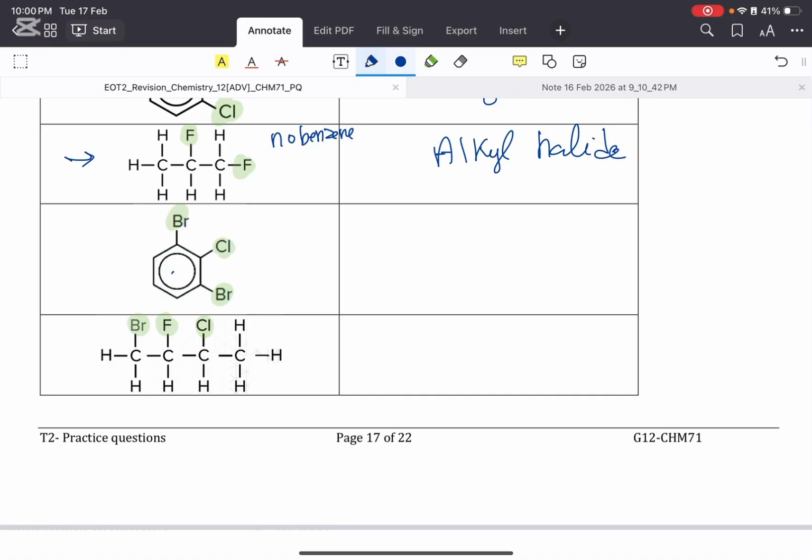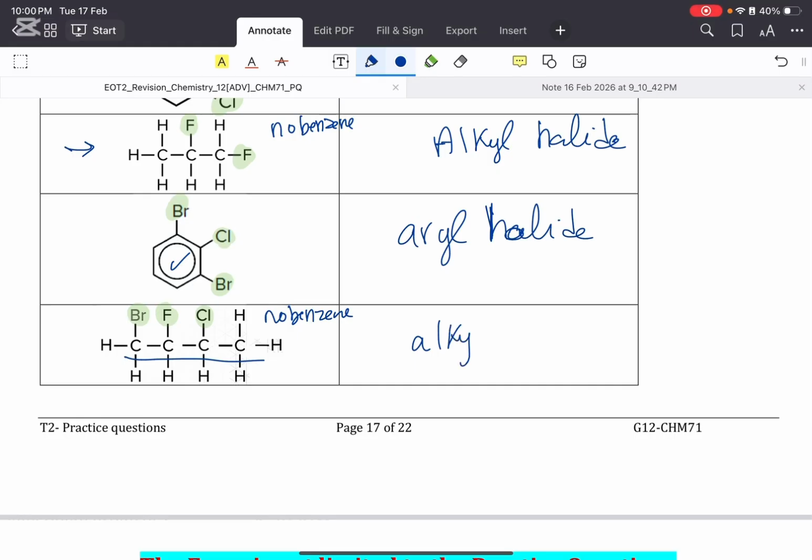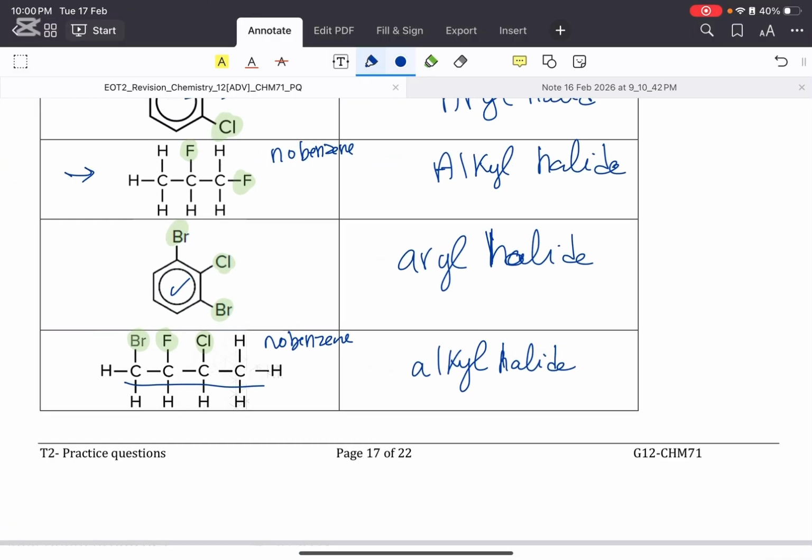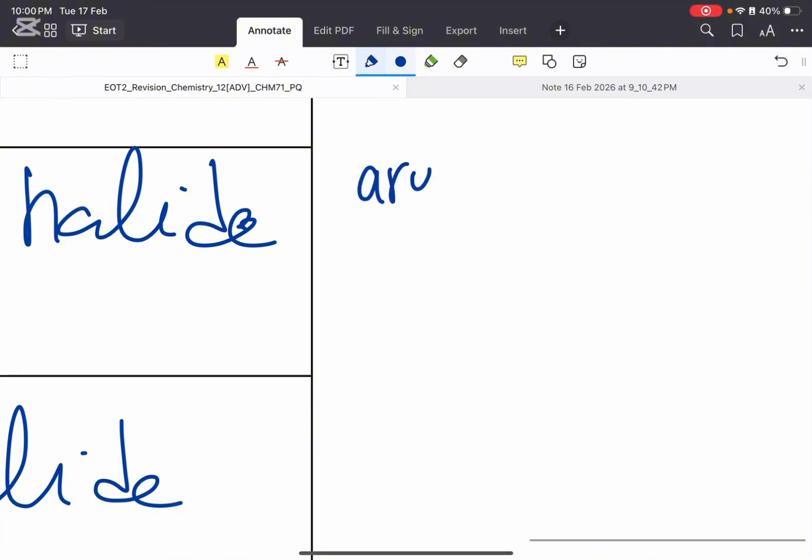This one, I have a benzene, so it's classified as aryl halide. And here, there is no benzene, it's simply an aliphatic hydrocarbon, so it is an alkyl halide. Remember, the word aryl comes from the word aromatic.